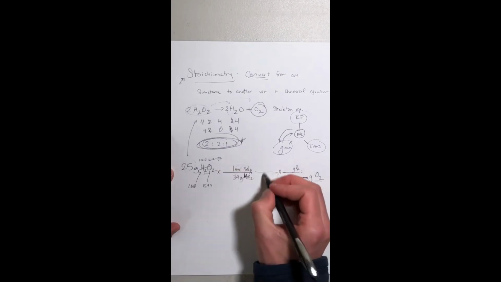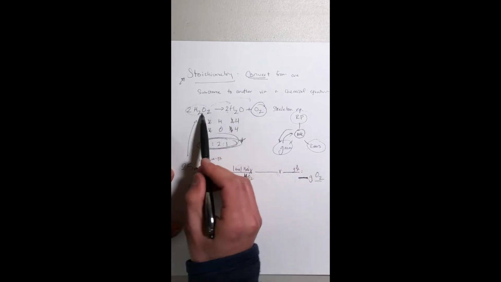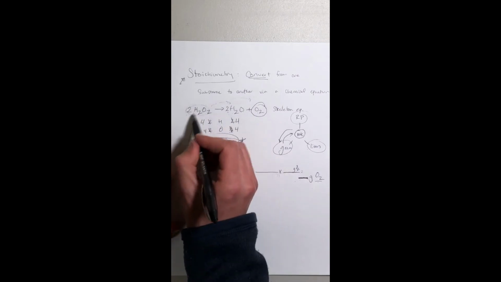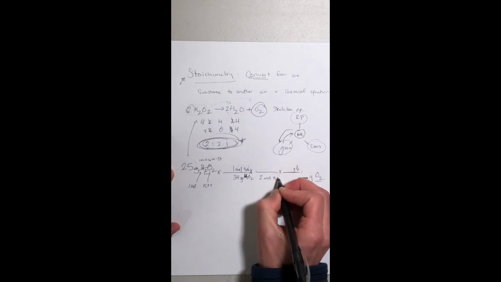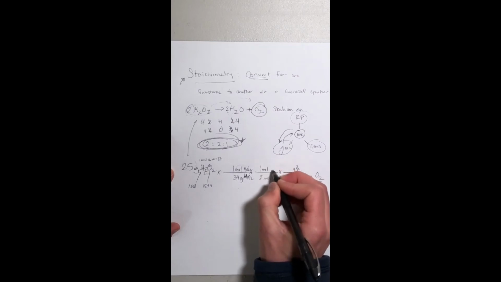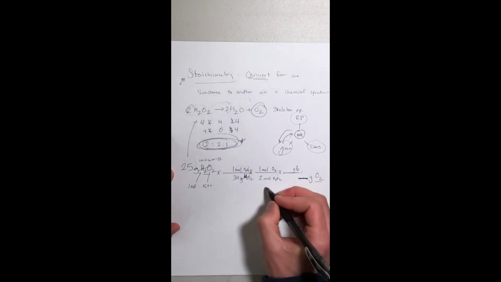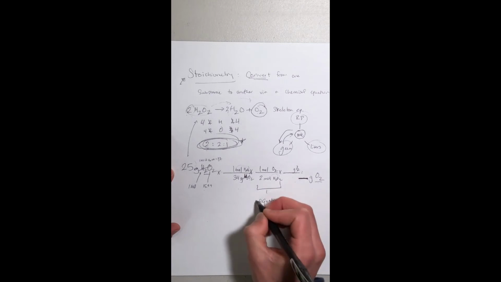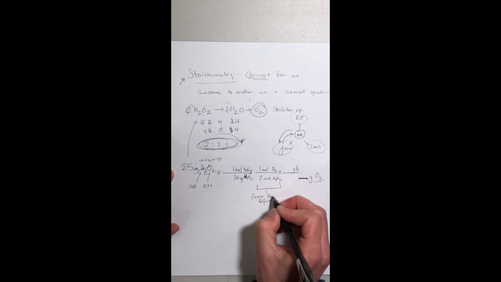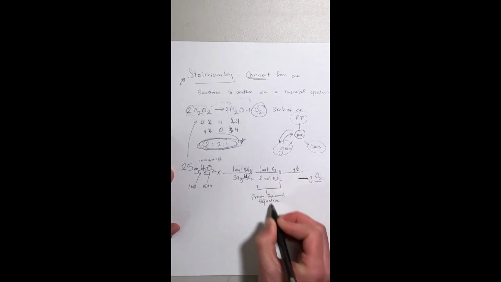Well, if I look at the reaction here, the conversion is 2 to 1. For every 2 moles of hydrogen peroxide, I have 1 mole of oxygen, according to the equation. This is from the balanced equation, right?